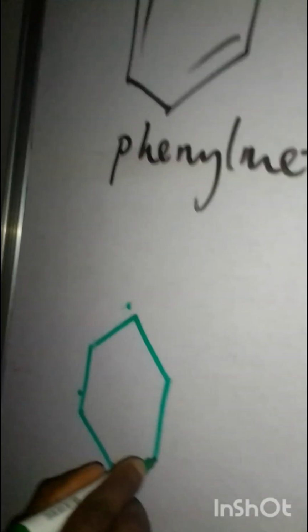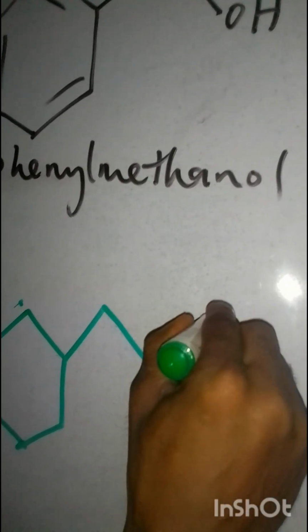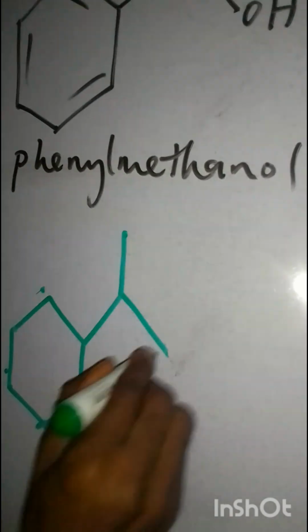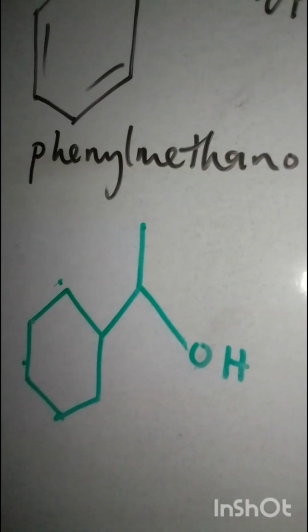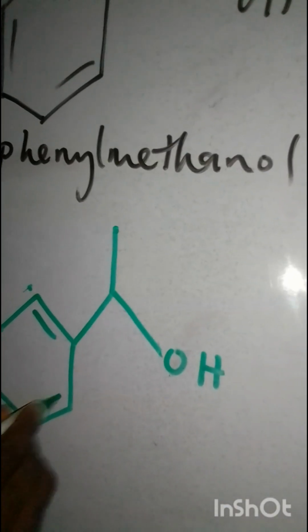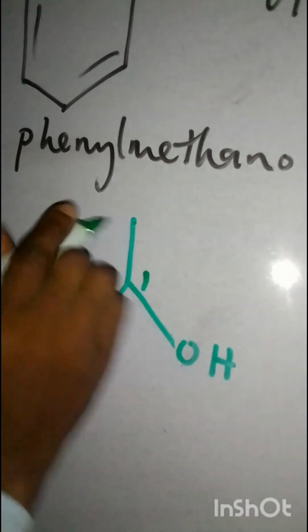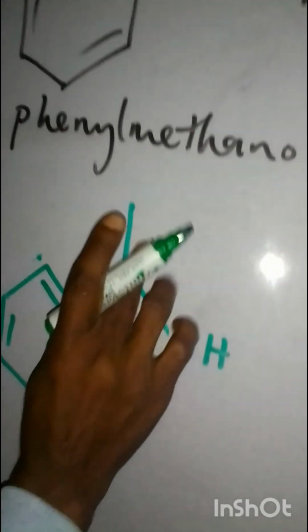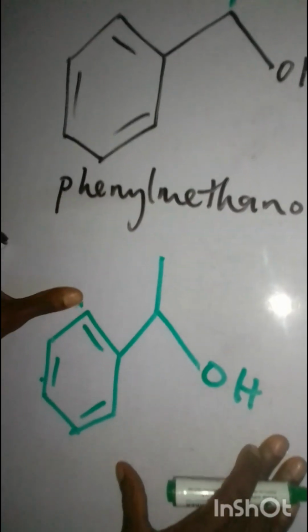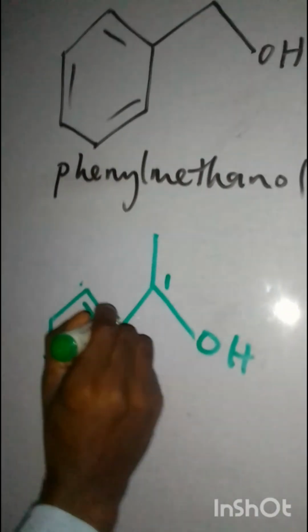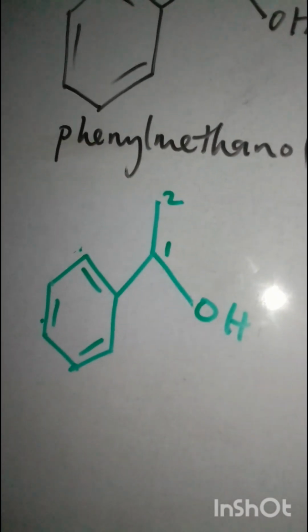We also have this. Okay, if you look at this structure very well, you will see that we have carbon number 1 here, the first carbon, and the second carbon.